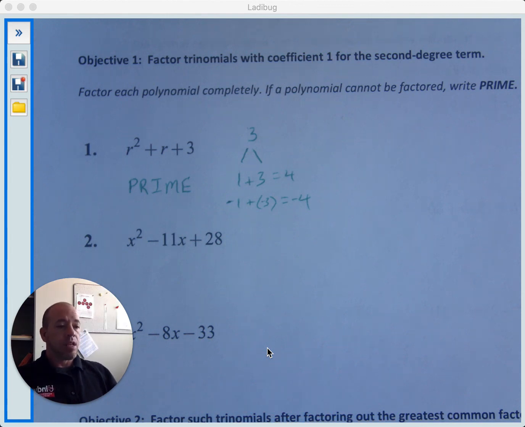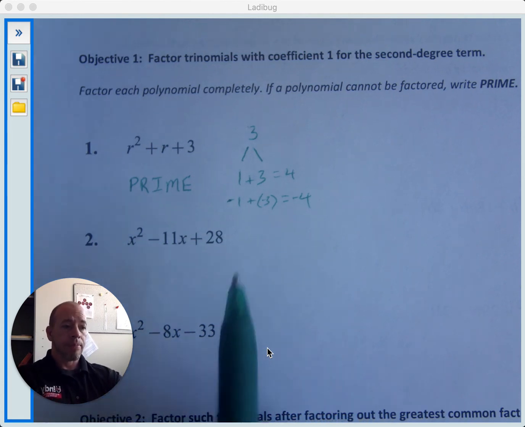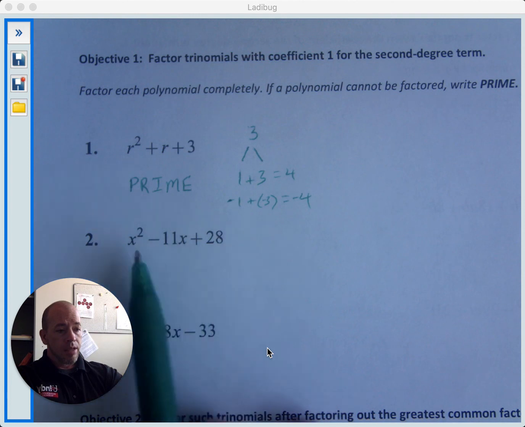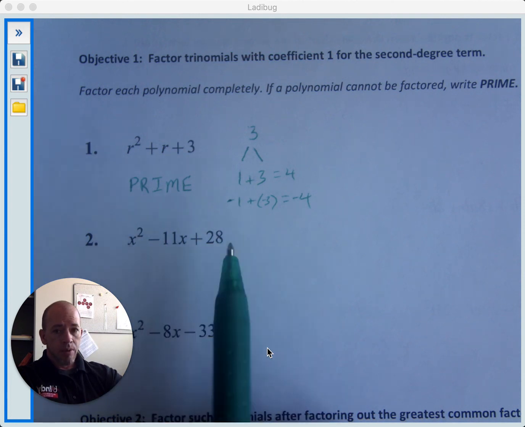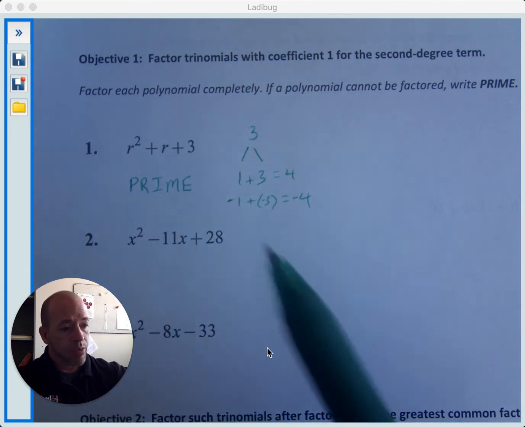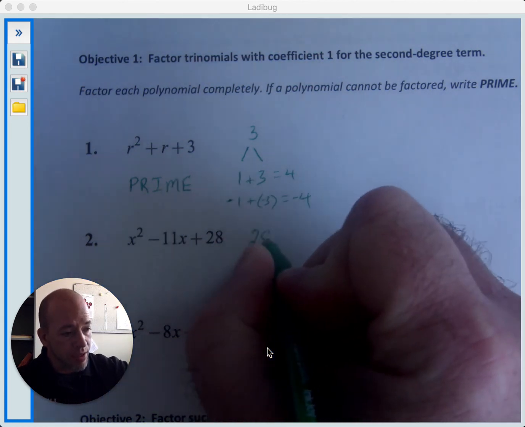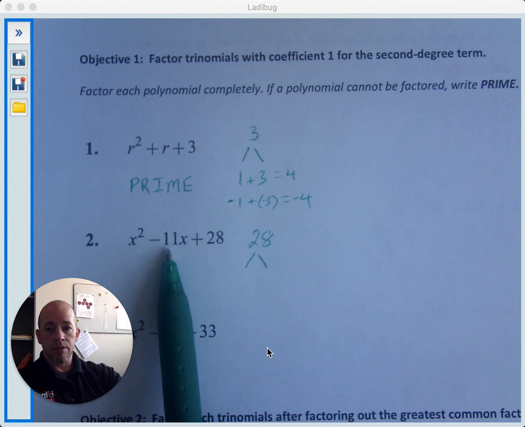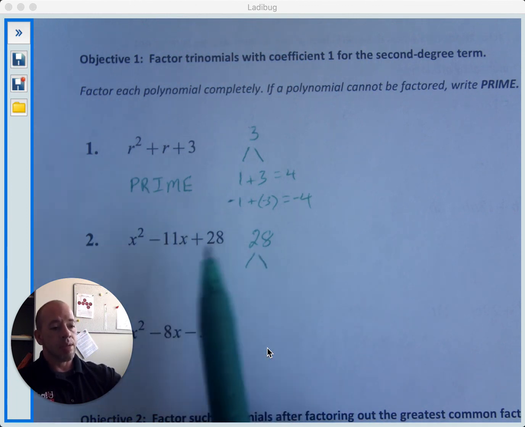So let's look at one that's a little more interesting, one that will work. The next one, we have a trinomial. Leading coefficient is 1. We're going to take the constant term, the term without a variable, and find two factors of that that will add up to the coefficient of the middle term. So two factors of 28 that add up to 11.